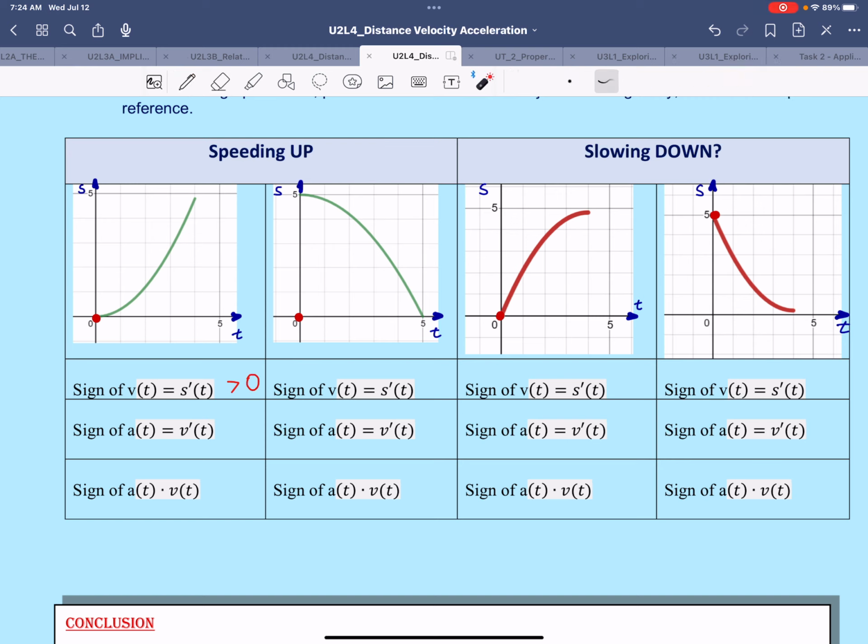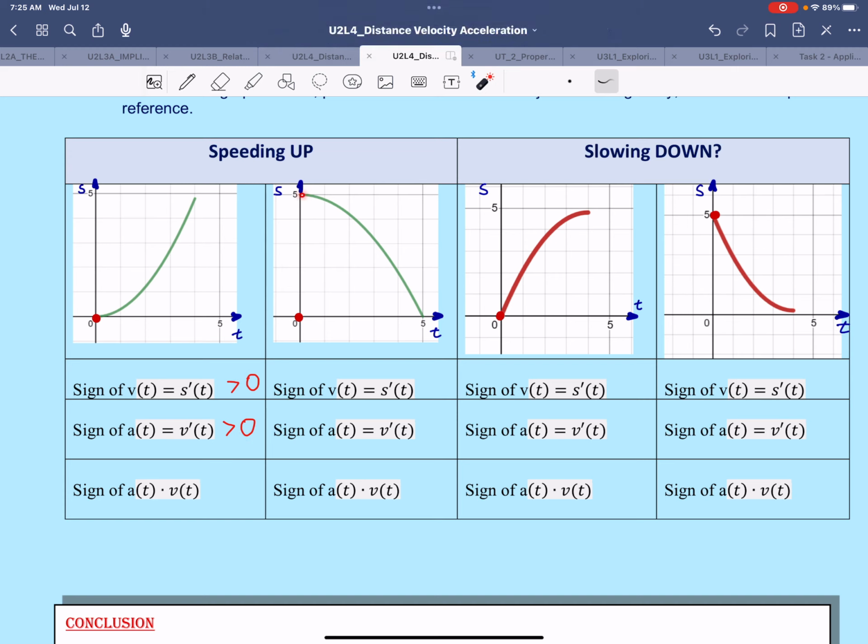Now let's take a closer look at velocity. Yes, it's positive here at the beginning of the motion, but it becomes more positive and even more positive here. That tells us that velocity is increasing in value. That means that the rate of change of velocity is positive. And when we say rate of change of velocity, v prime, isn't that the same thing as saying acceleration? So we're going to say both velocity and acceleration are positive.